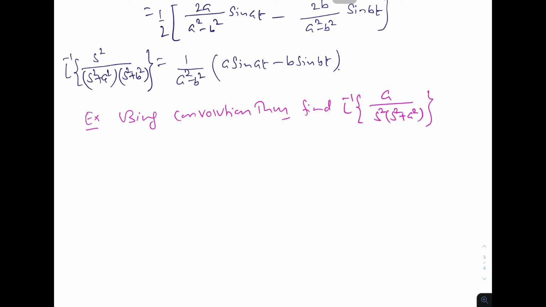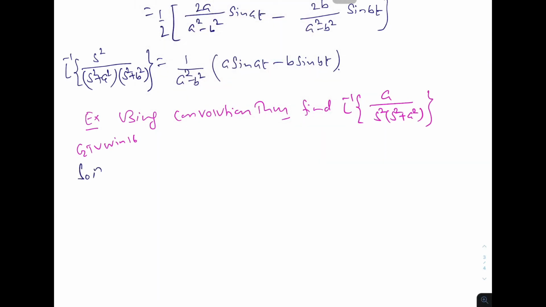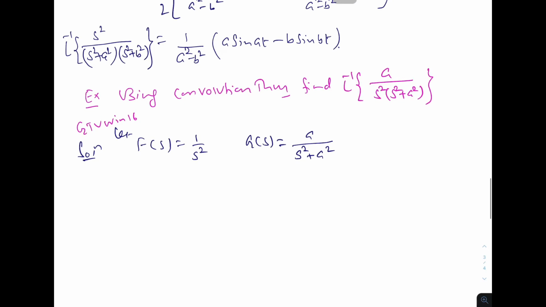Okay, it was asked in GTU winter 16. Now here we take F(s) as 1 upon s square, and G(s) is a over s square plus a square.